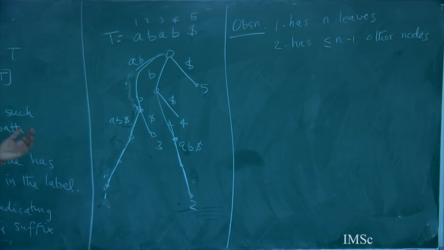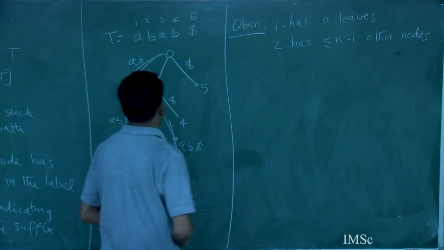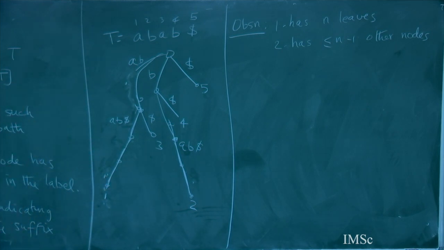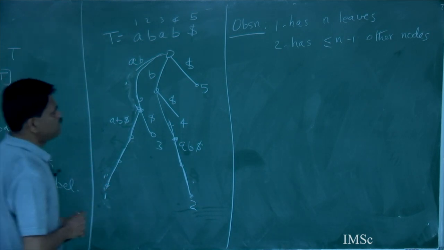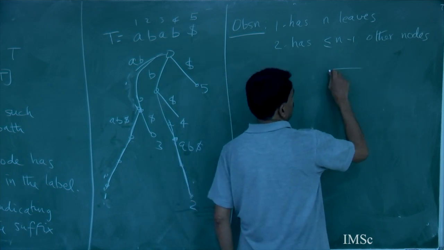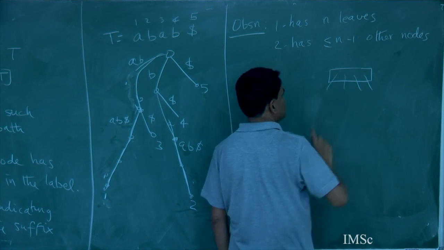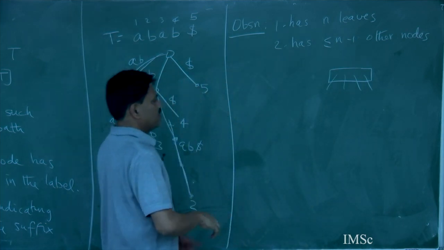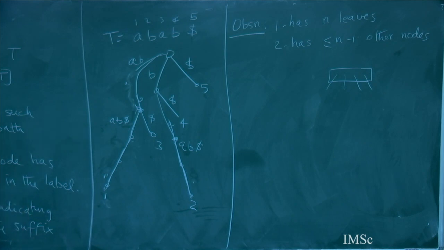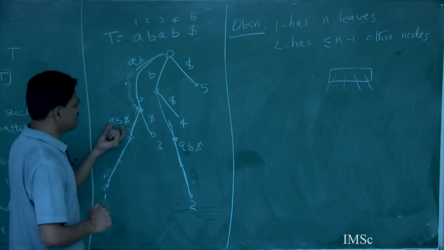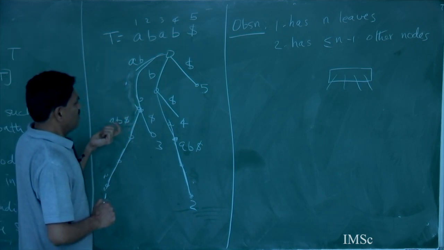Okay, so what else I want to note? How do you actually implement such a tree? You have a node. In this node, there are these pointers coming out with labels, and so on. Each pointer is going to another such node, and there are the leaf nodes. There is one ugly feature: the labels are not of the same length.